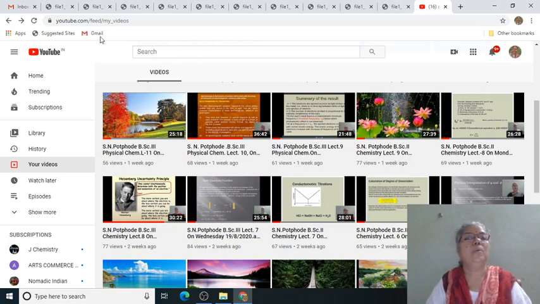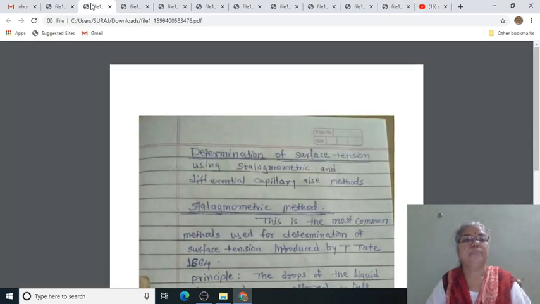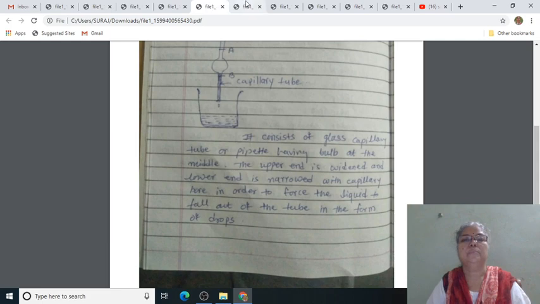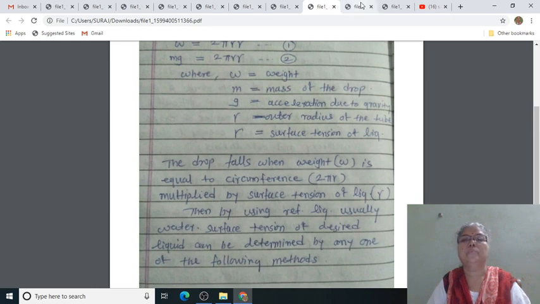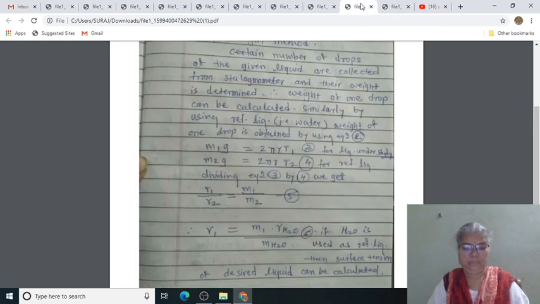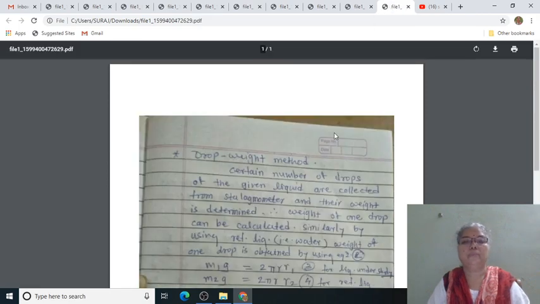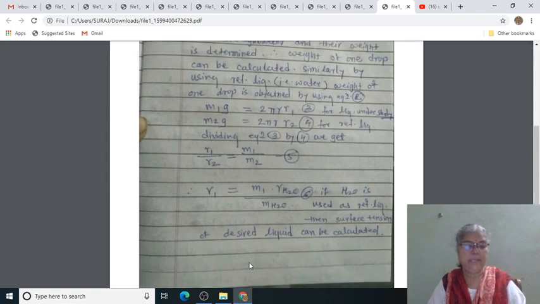Here, the drop number method. In this method, the number of drops are counted for a certain volume of liquid phi from the mark A to B, as I have already explained.